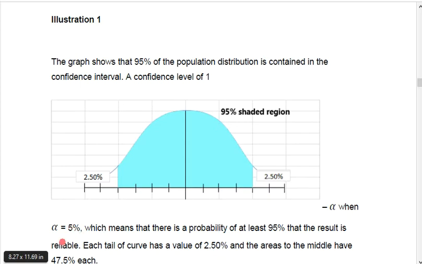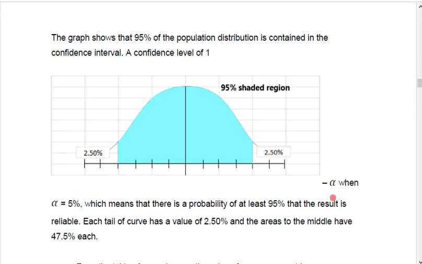So, 5% dinivide natin sa 2, that would be 2.5%. So, may 2.5% dito sa left at may 2.5% dito sa right. So, kung aalisin natin yan, and hahatiin natin to sa gitna, same pa rin yung size niya, same pa rin yung sukat. So, yung 95% hatiin natin, that would be 47.5%.